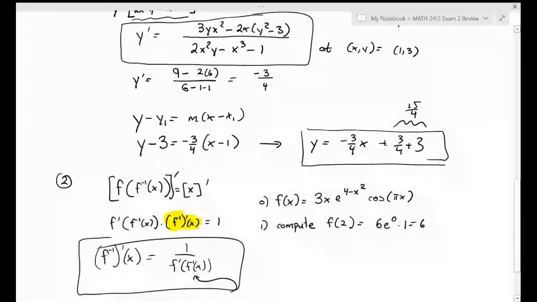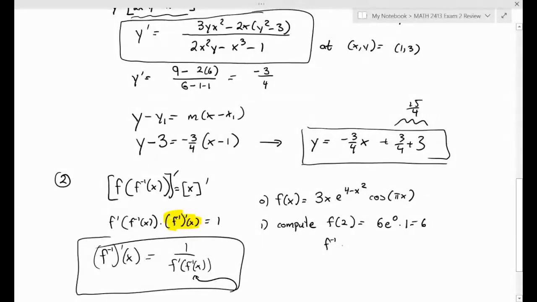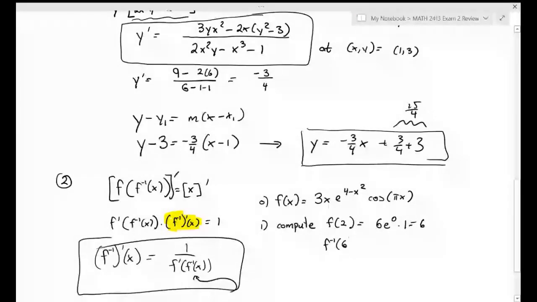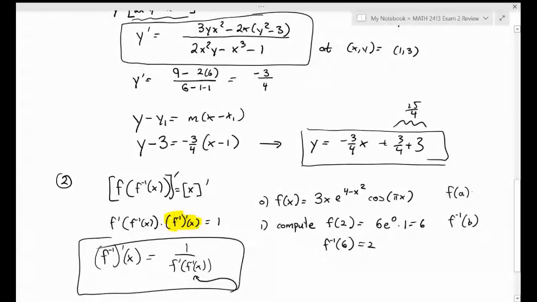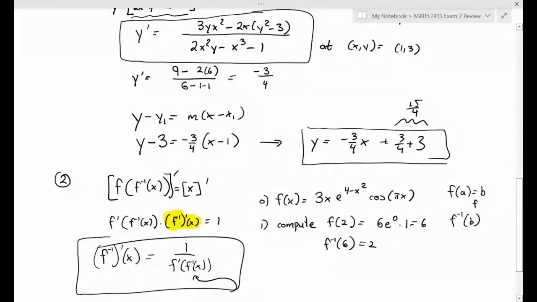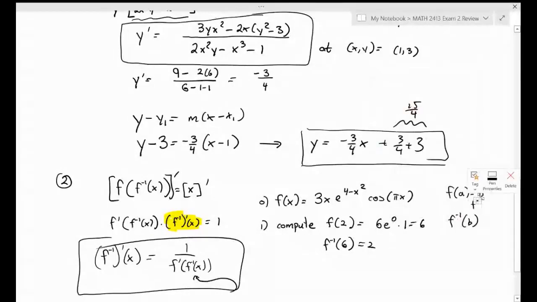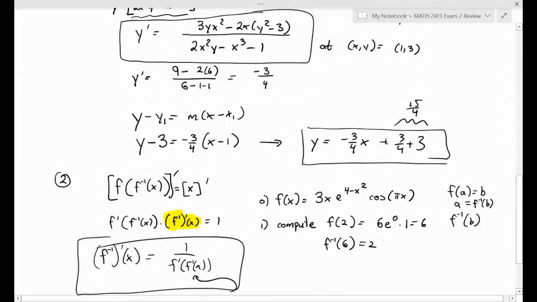So what is f inverse at 6, assuming the inverse exists, which it does? 2. Right, so don't forget, if f at a is equal to b, and the function is invertible, then f inverse at b should equal a, right? So we're just making a note of that.